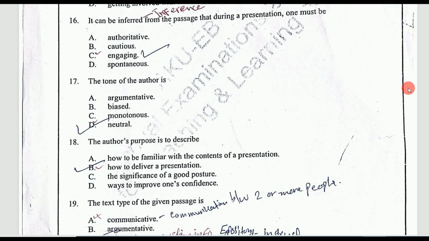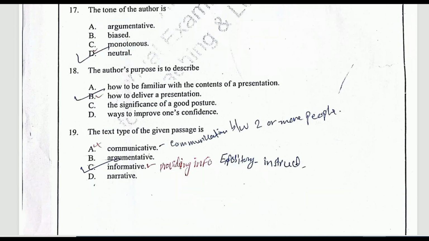He's just giving us information in an impartial way without being biased, in an objective way. Objectivity is there. It's an informative text and he's showing us how to deliver a presentation in a very objective manner. So his tone is obviously neutral.